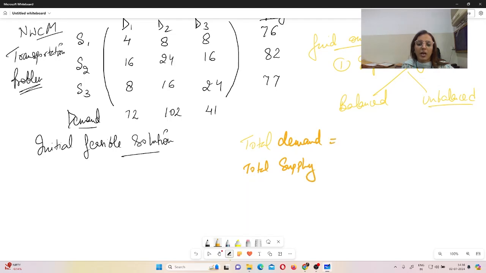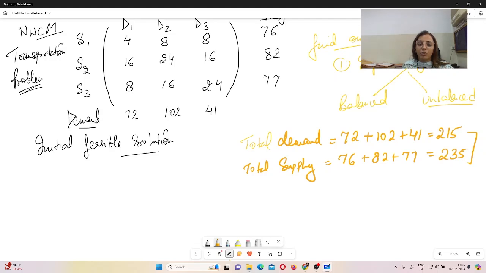The total demand is adding all the values: 72 plus 102 plus 41, which equals 215, right? For the supply, 76 plus 82 plus 77 equals 235. That indicates that demand and supply are not equal.